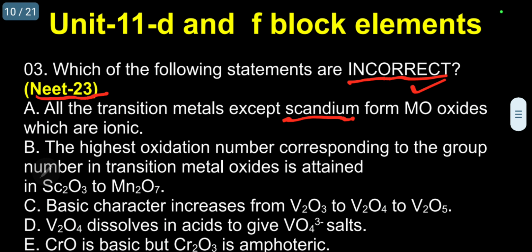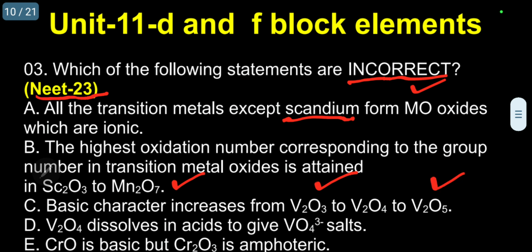B. The highest oxidation number corresponding to group number in transition metal oxides is attained in Sc2O3 to Mn2O7. C. Basic character increases from V2O3 to V2O4 to V2O5.